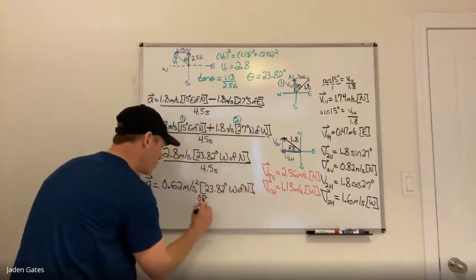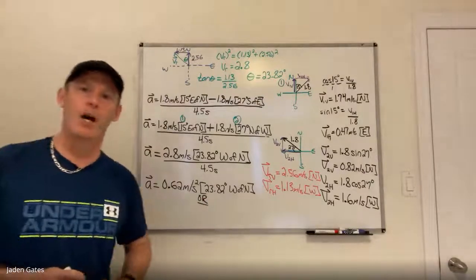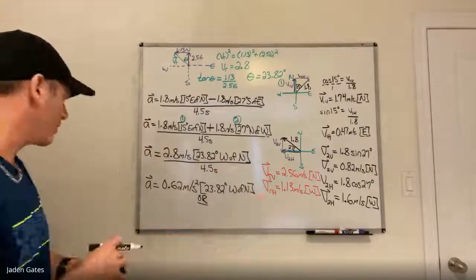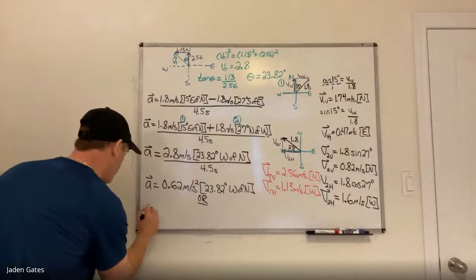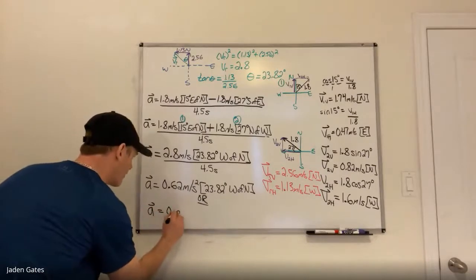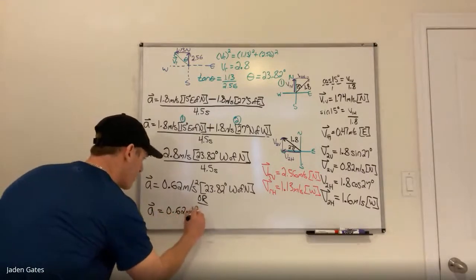Or as I mentioned, just like any vector, whether it is a velocity vector, displacement vector, acceleration vector, can be written as two ways. So this could have been 0.62 meters per second squared.